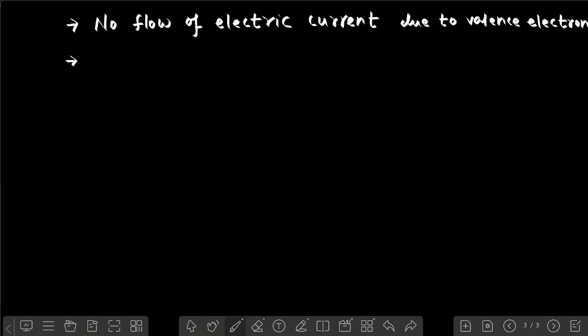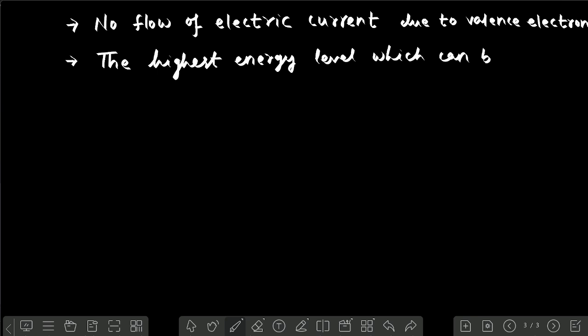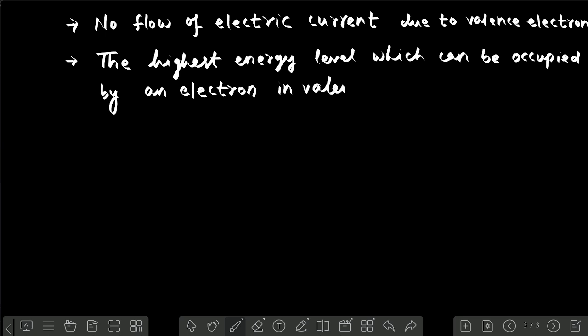The highest energy level which can be occupied by an electron in valence band at 0 Kelvin.